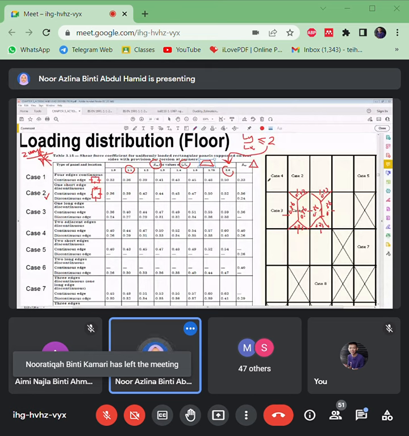Tengok kat sini contoh case yang mana. Okay, this is case 2, where this side, this beam is not continuous to other slabs. This one is continuous to other structure, this one continuous, this one continuous. Okay, so make a line. Let's say this is the line for the two-way slab.